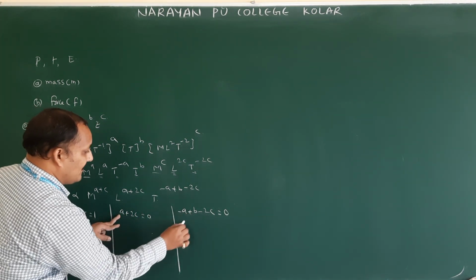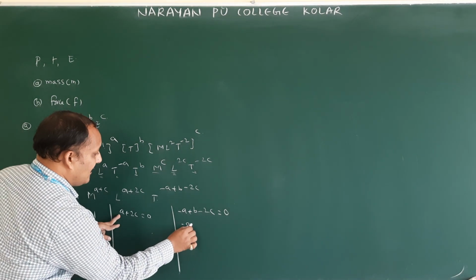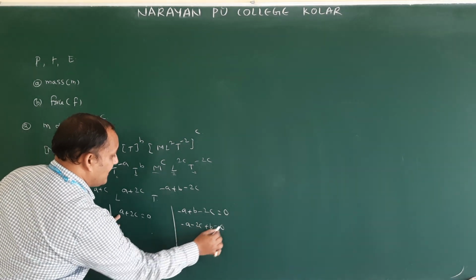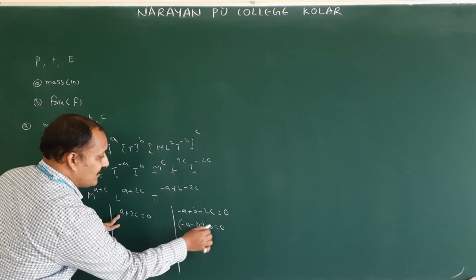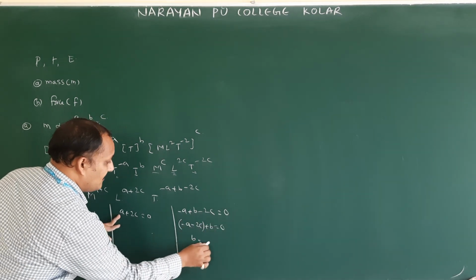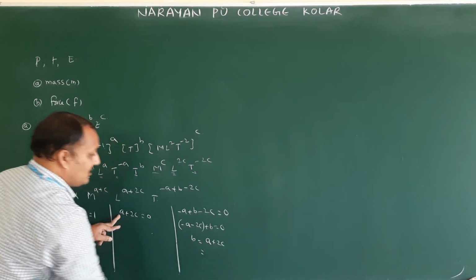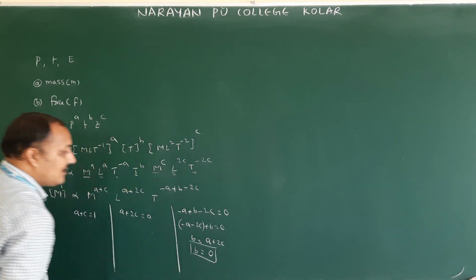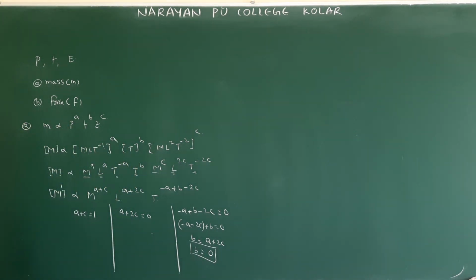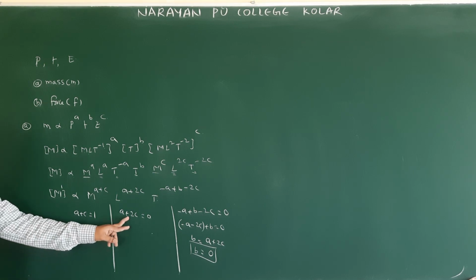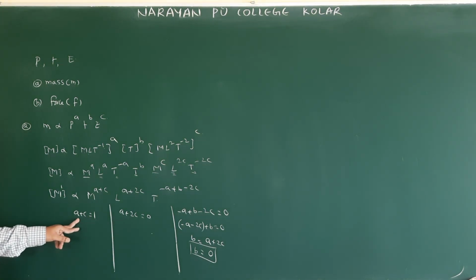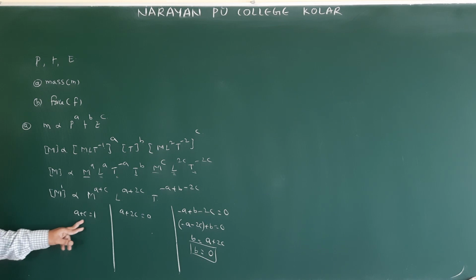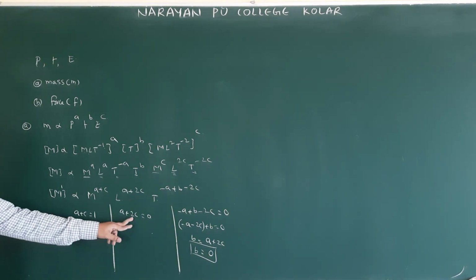So here we can see A plus 2C is 0. Then minus A minus 2C plus B equal to 0. So this minus A minus 2C is going to the right side, and B is equal to A plus 2C. A plus 2C value is 0. Now what did you get? B value is 0. Next, A plus 2C and A plus C. If you solve this carefully, you will get the C value.